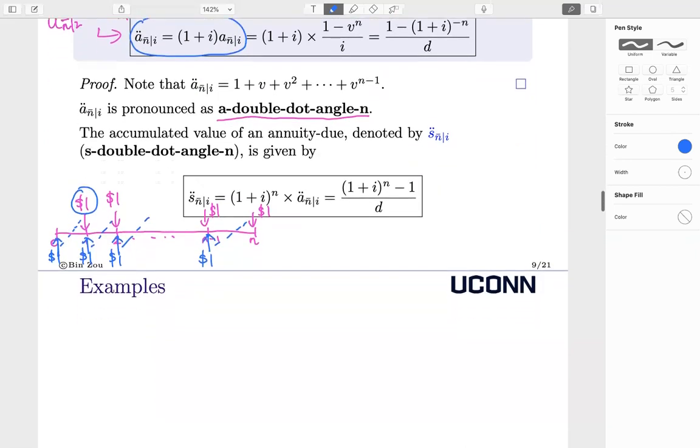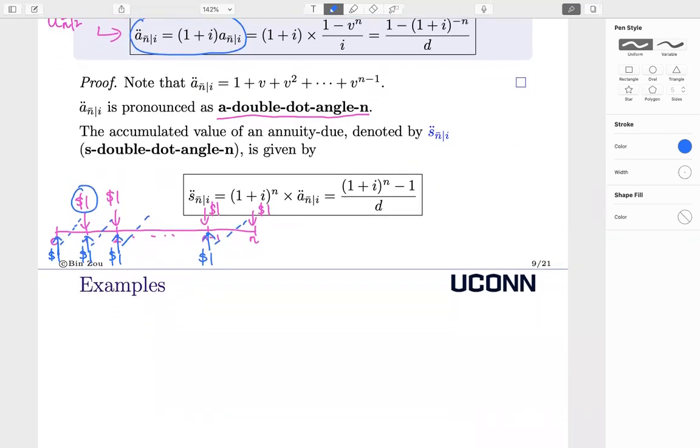Let me borrow the space from below. Okay, so if I want to directly calculate this, the first payment is already paid at time 0, so there's no need to discount. The second one, I discount by 1 year. The third one, I discount by 2 years.